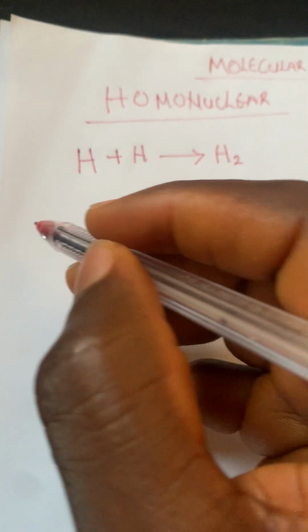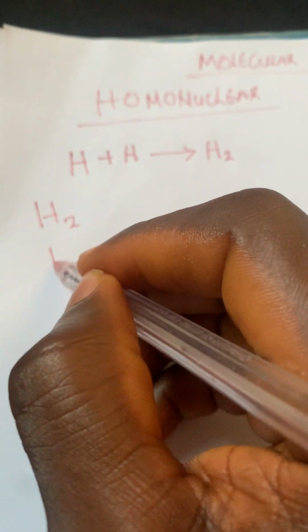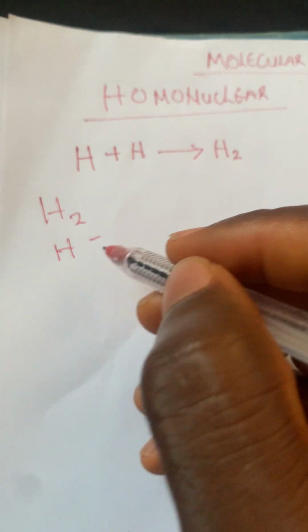Now, how will you know whether this molecule is stable or not stable? In that aspect, you need to split the molecule into two. You take it out and you split it into the two elements.